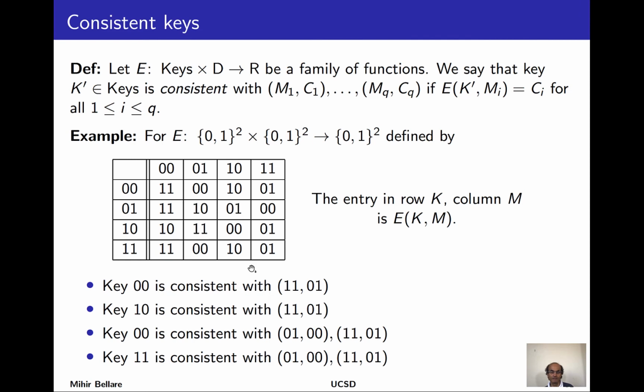Yes. How about key 11? Is it consistent with this list of length 2, this input-output example and this one? That would happen if under key 11, 01 maps to 00. It does. 11 maps to 01. And it does.